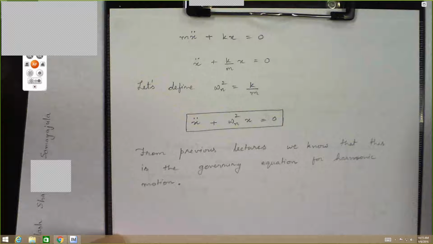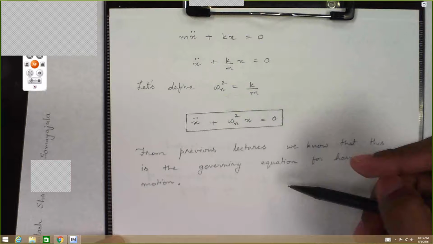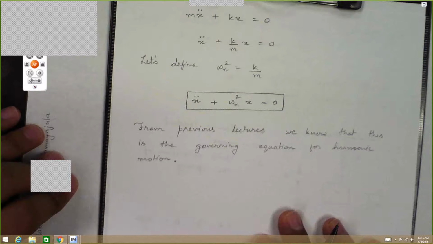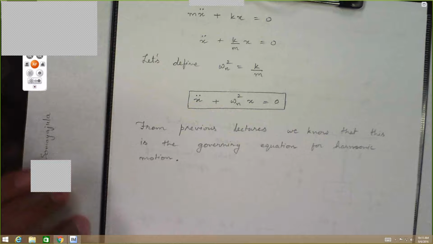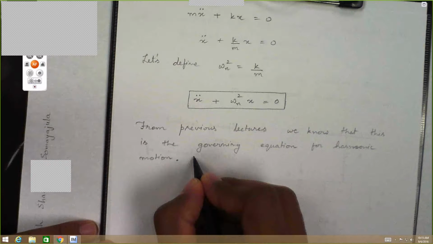Although we know that harmonic motion is the solution for this differential equation, let's try to officially derive it here so that we understand it's not just a trial and error thing, but rather we can actually derive that it's a harmonic solution.